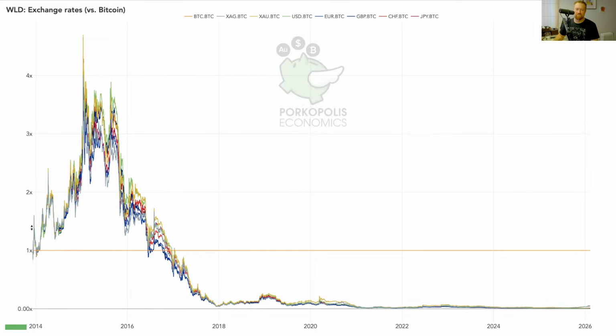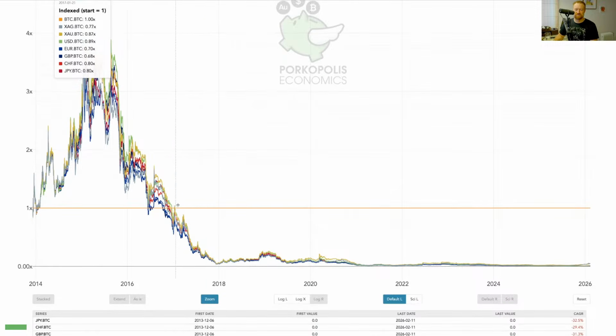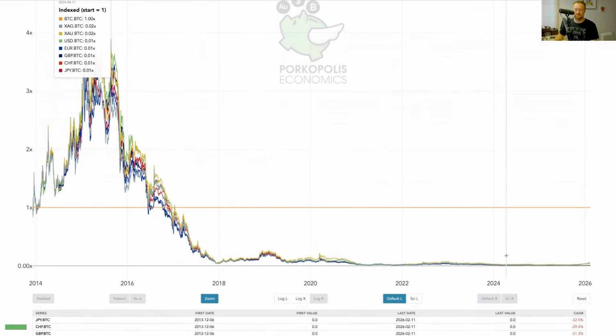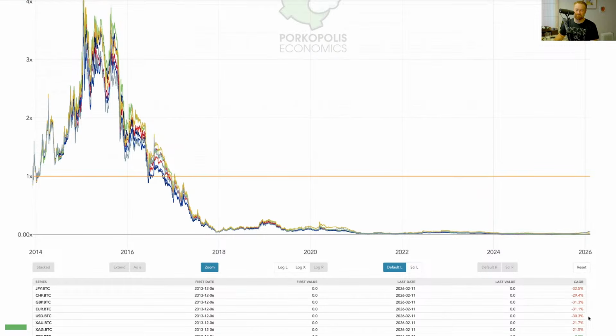This is the height of the 2013 boom. Your Bitcoin would lose you 4x against all currencies, gold and silver, but then you just wait a little bit longer and you're in the green.